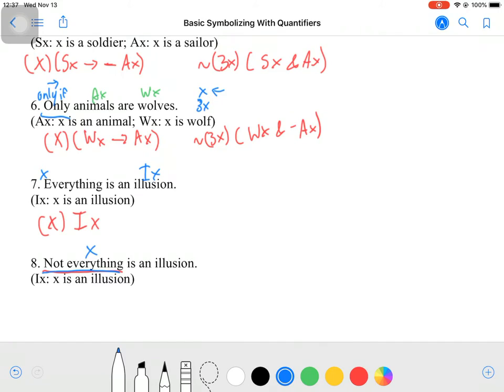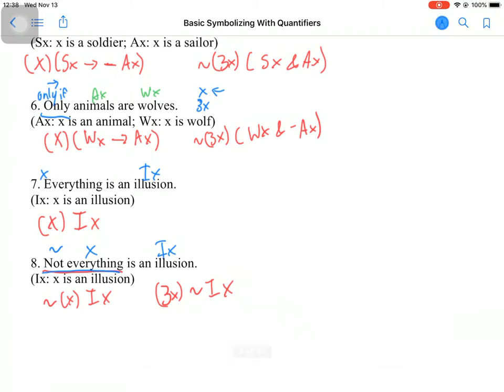Everything is still going to be universal. We still have illusions as a category, and we have a not. So not everything. If not everything is an illusion, we could write it in two ways. We could write it's not the case that all x is an illusion, or we could write that there exists some x such that x is not an illusion. Both of these would work just fine.